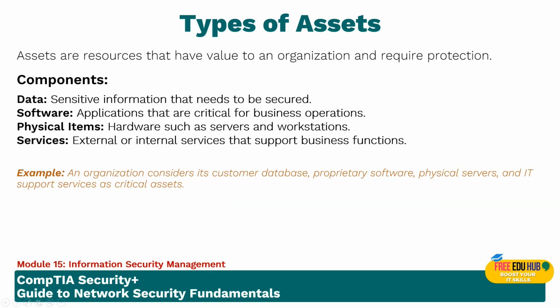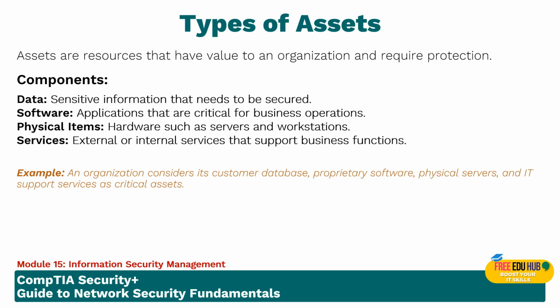Then there are different types of assets. Assets are the resources that have value to an organization and require protection. We categorize them into data, software, physical items, and services. All are an integral part of business operations and require diligent protection.